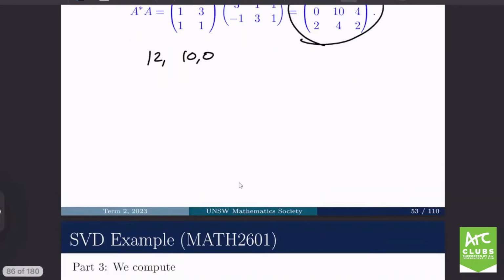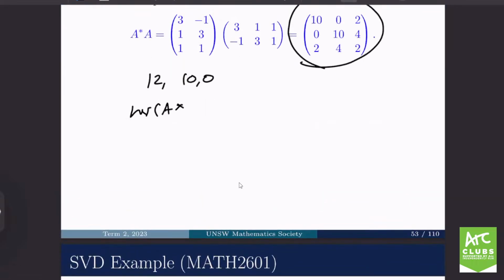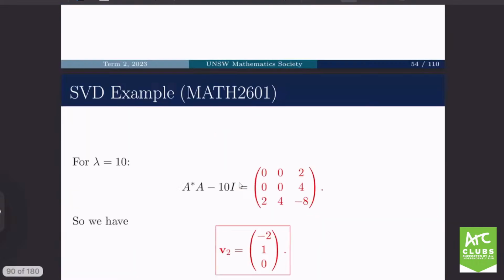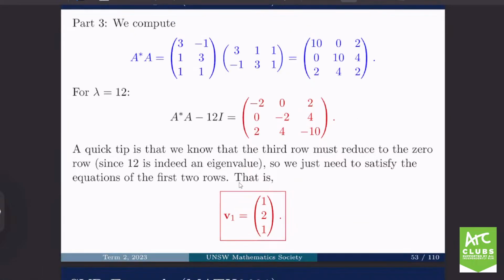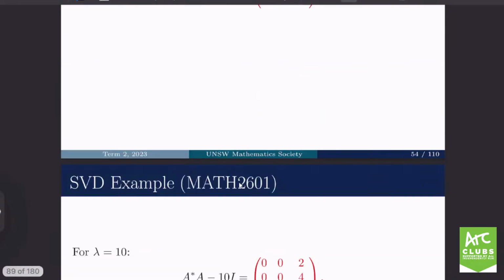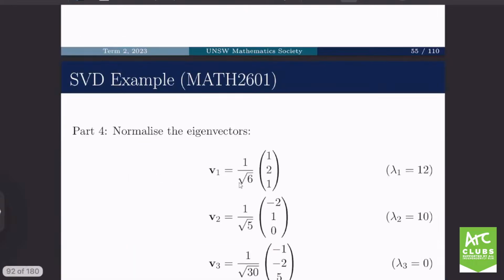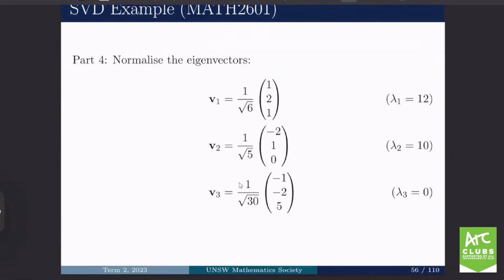So really all we have to do is find the kernel of A star A minus 12I, the kernel of A star A minus 10I, and the kernel of A star A. If we do that, we'll see that our eigenvectors are 1, 2, 1, negative 2, 1, 0, and negative 1, negative 2, 5. The next thing we need to do is normalize the eigenvectors, okay? And we'll get this.